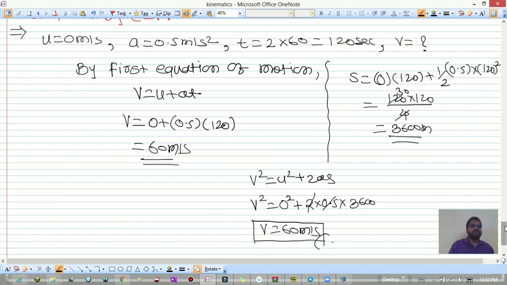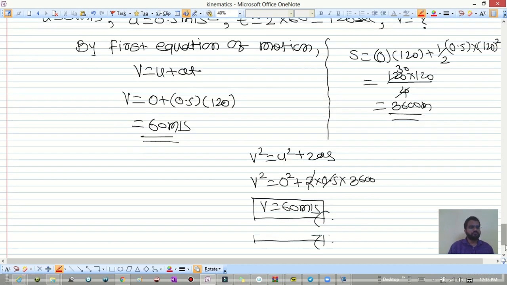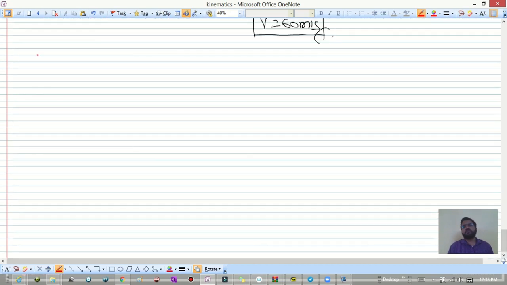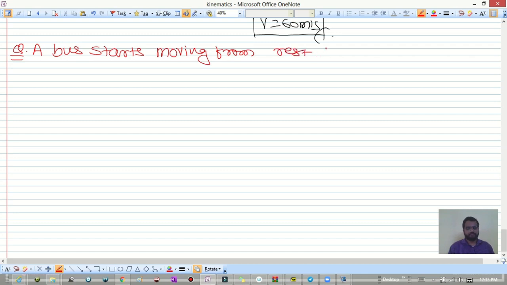Now the second problem, write down. A bus starts moving from rest and moves with uniform acceleration.